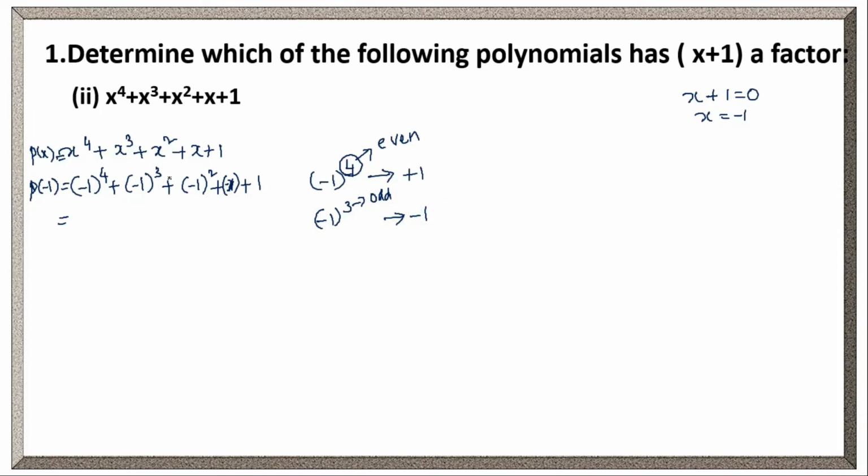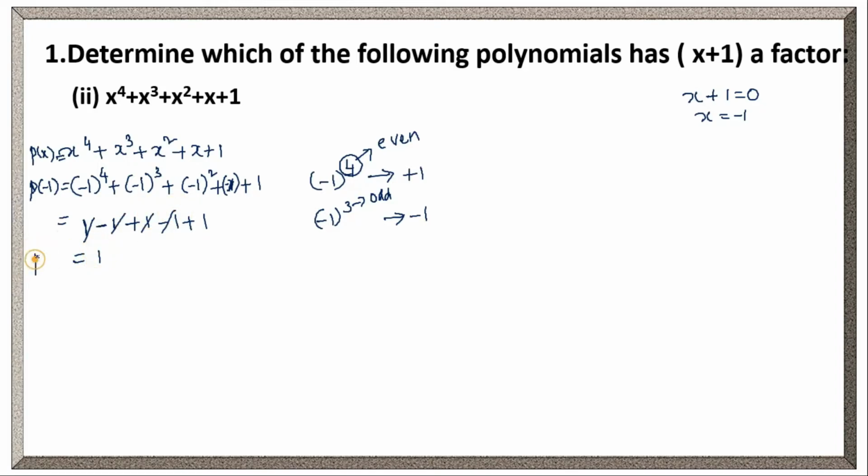Here 4 is even, 3 is odd. That means this will become 1 and this will become minus 1. Plus into minus 1, minus 1. Here 2 is even, so it will become plus 1. Minus, plus into minus, minus 1 plus 1. Clear? Plus 1 minus 1 plus 1 minus 1.